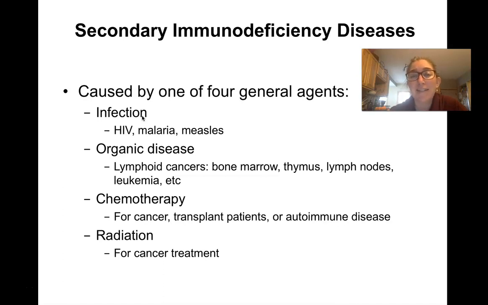Different organic diseases: if you have a disease that affects any of your lymphatic tissue, if you have bone cancer, or a thymoma, cancer of the thymus, or of your lymph nodes, any of those types of blood or lymphatic cancers make you immunodeficient.